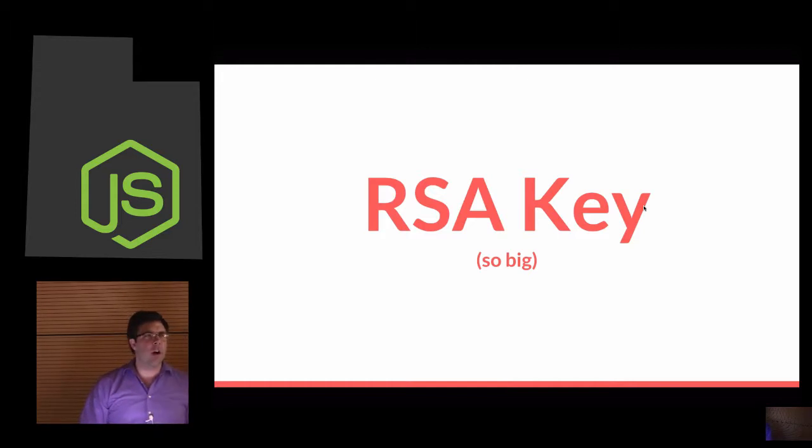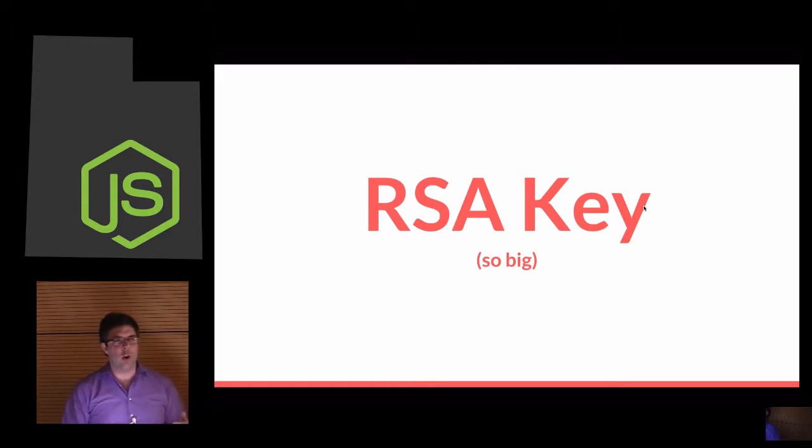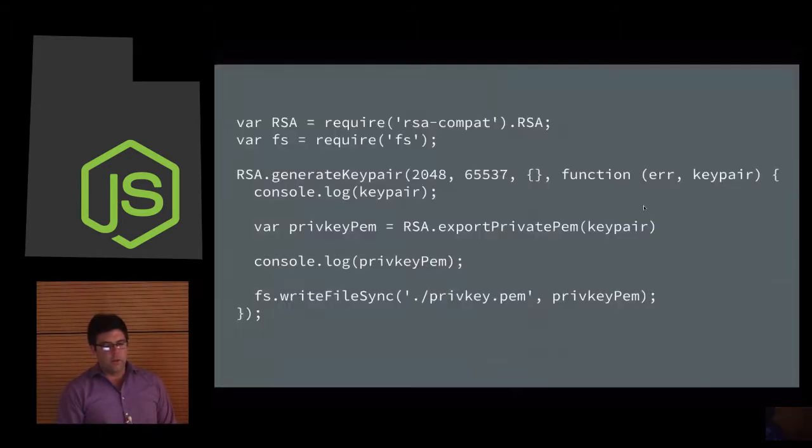Half of my examples were with RSA keys, half of them were with ECDSA keys. But I'll just show you this is what the RSA key generation process looks like in Node. There are like 10 different libraries to do RSA keys, and none of them are complete. So I created this library that joins them all together and in the darkness binds them, called RSA compat.